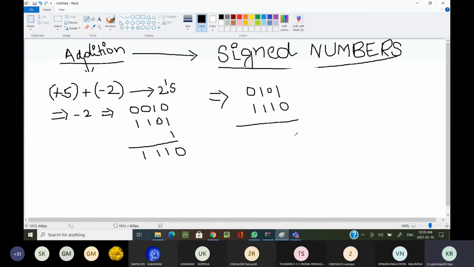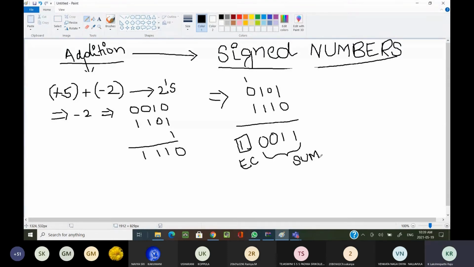Now 1 plus 0 is 1, 1 plus 1 is 0 with a carry, 1 plus 1 is 0 with a carry, 1 plus 0 is 1, and there is an additional carry. This is my sum and this is my carry.